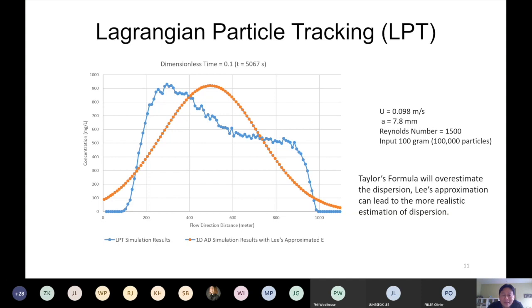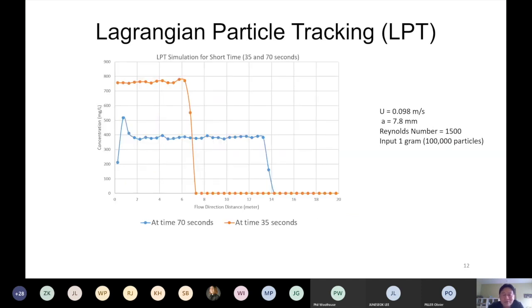Now let's see when the time is really, really short, like in premise plumbing conditions. So here I look at the 35 and 70 seconds cases. When the simulation time is 35 seconds, with 0.1 meter per second, basically it travels 3.5 meters at the average velocity.